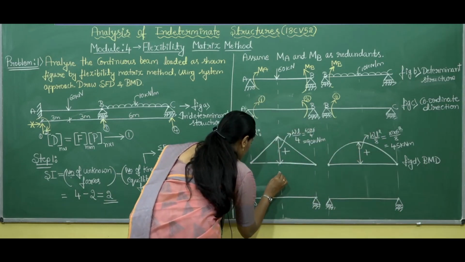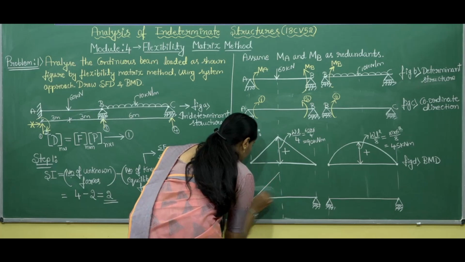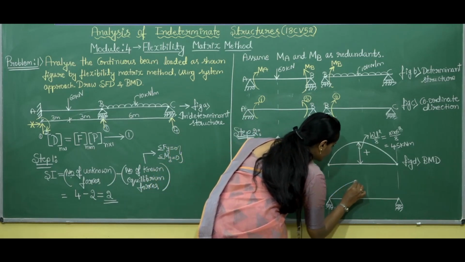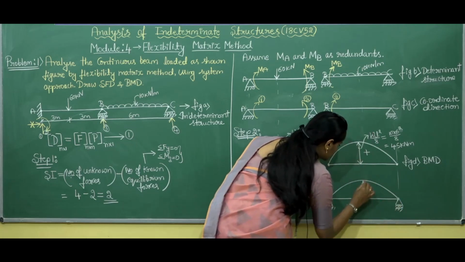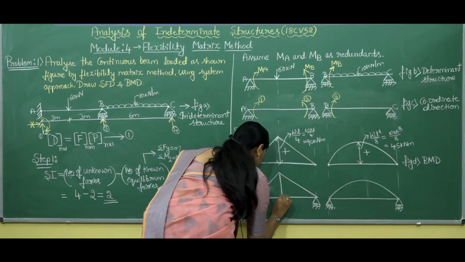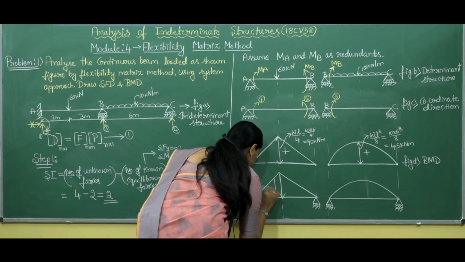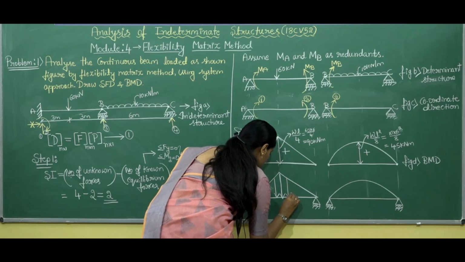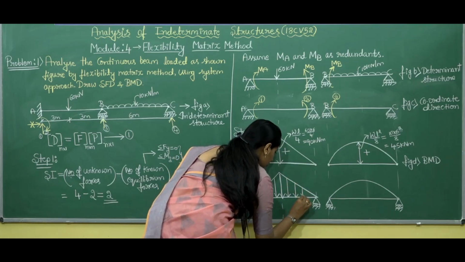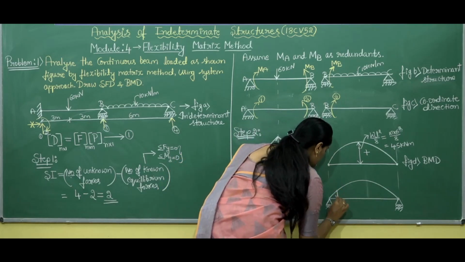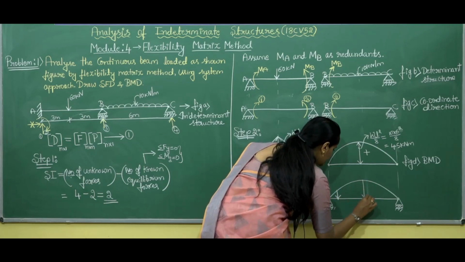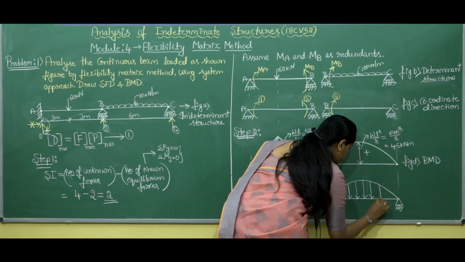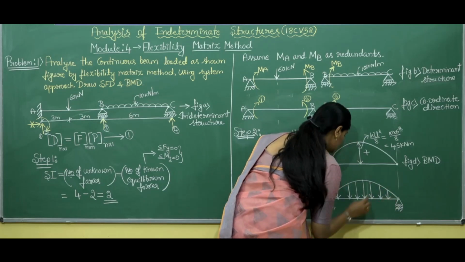So, if we load the diagram on EI, we have the conjugate beam. Since we have the positive bending moment, the loading direction in the conjugate beam will be in the downward direction. Clear?